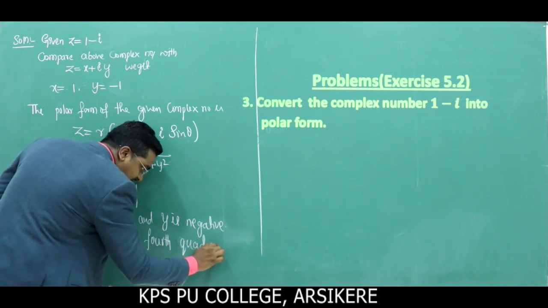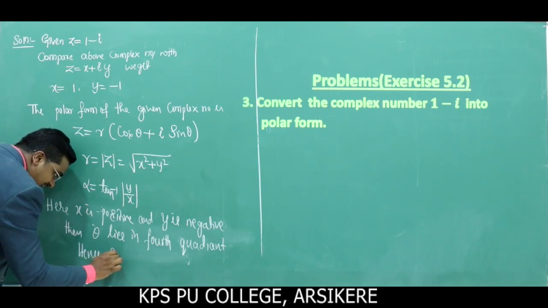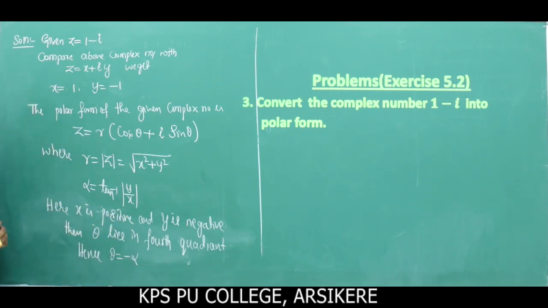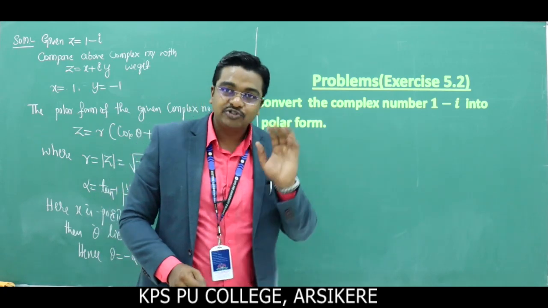Fourth quadrant. So theta lies in the fourth quadrant. Hence, theta is equal to minus alpha. Remember the formula, theta is equal to minus alpha. The next step is to find r and theta, then substitute in the formula.